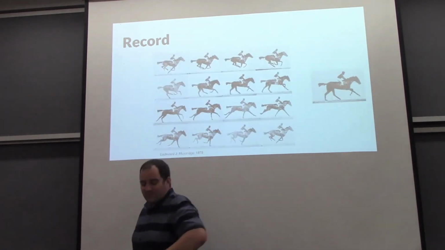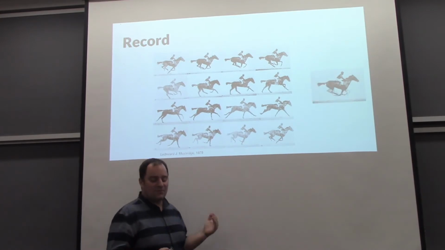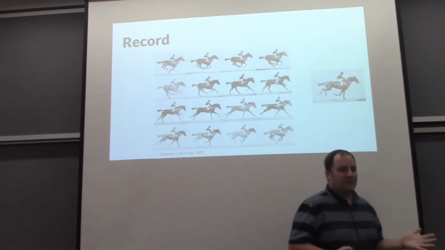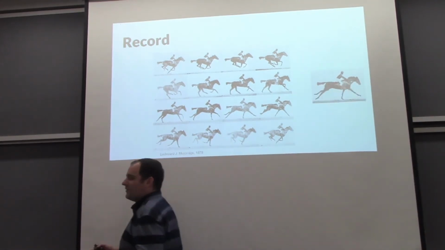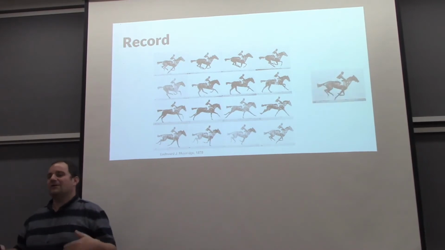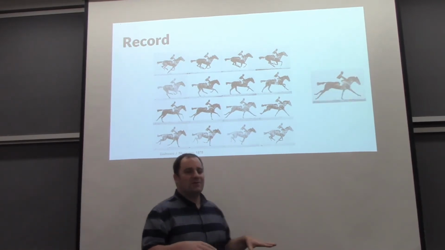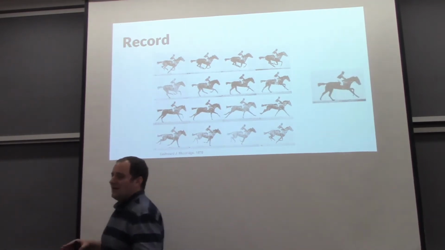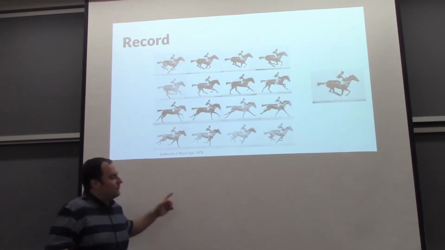And then visualization, or in this case actually photography, can be used to record, but it can also be used to answer questions. It was very fashionable in the mid 19th century to argue about whether a horse when it's galloping has all of its hooves leave the ground at some point, or whether some hooves are always on the ground. And that wasn't unambiguously resolved until Muybridge came along.